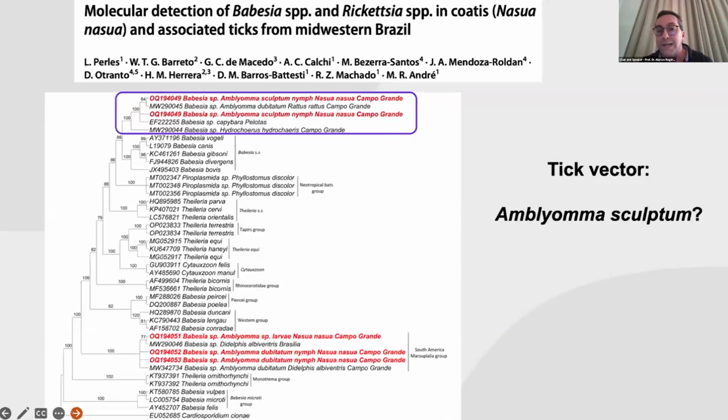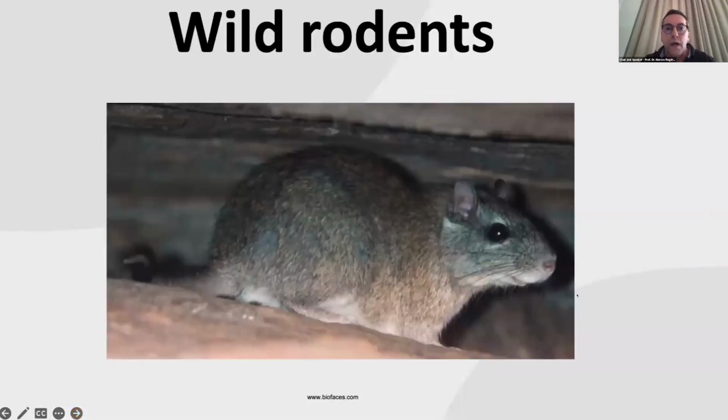So coatis were negative for this Babesia, so we presume that these ticks had fed on capybaras before jumping onto coatis.